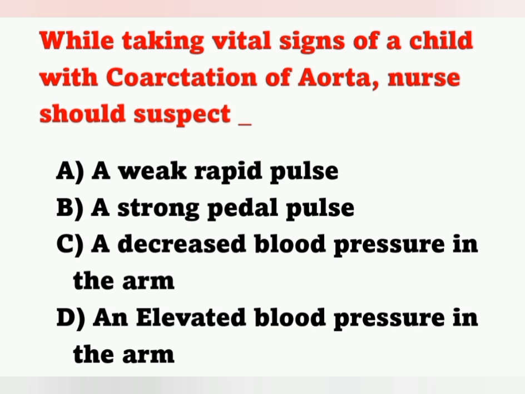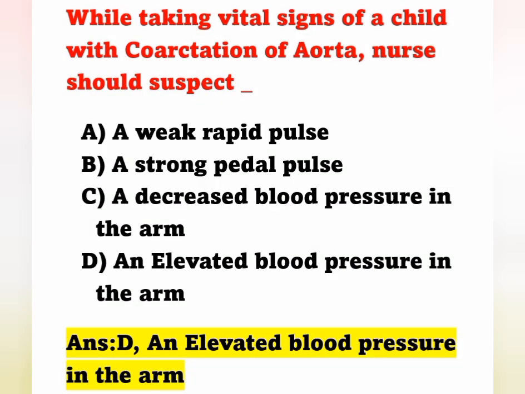So the correct answer for this question is option D, an elevated blood pressure in the arm. Why? Because the narrowing usually occurs in the thoracic part, so the blood pressure and volume will increase in the arm or arms.